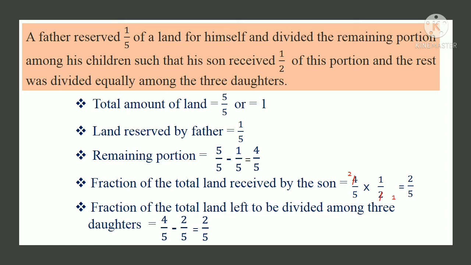So read the sentence again. And divided the remaining portion among his children such that his son received half. Then out of the remaining portion, son has received half. Then of. Of means what is the mathematical operation?